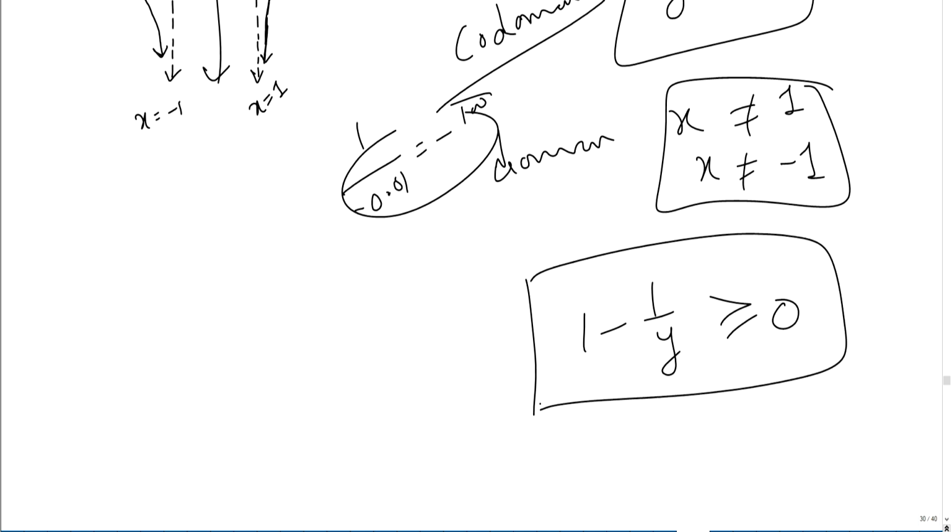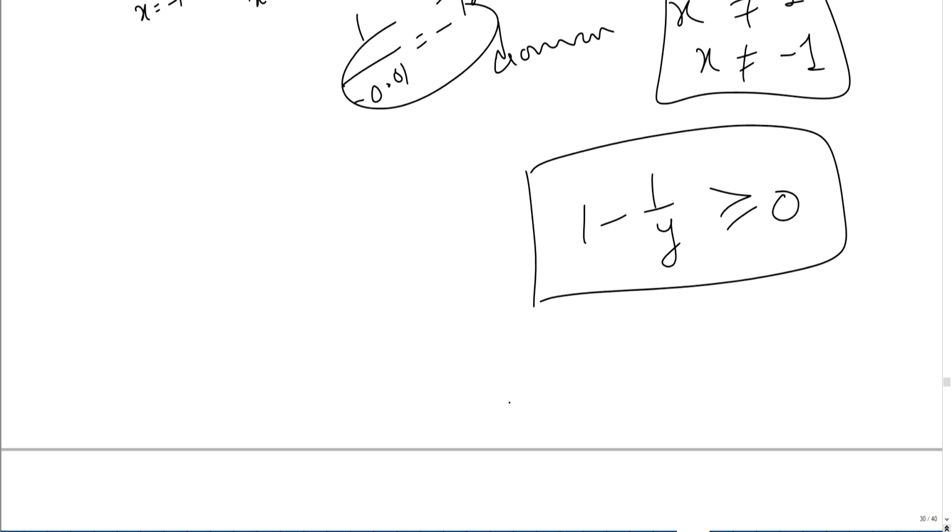Okay. So in what ways would this term be greater than or equal to 0? One way is this: if the value of 1 by y is greater than 1, then this entire thing becomes negative.